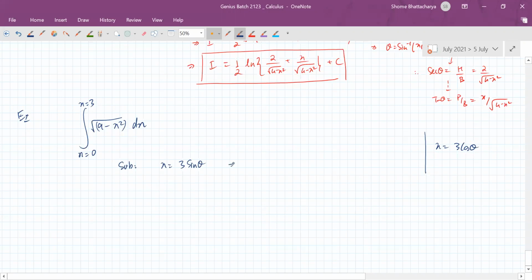But anyway, doing this substitution, square root of 9 minus x square will become 3 cos theta. But also dx will become 3 cos theta d theta. And here what would happen? Here square root of 9 minus x square would have become 3 sine theta, and dx would have become minus 3 sine theta d theta.